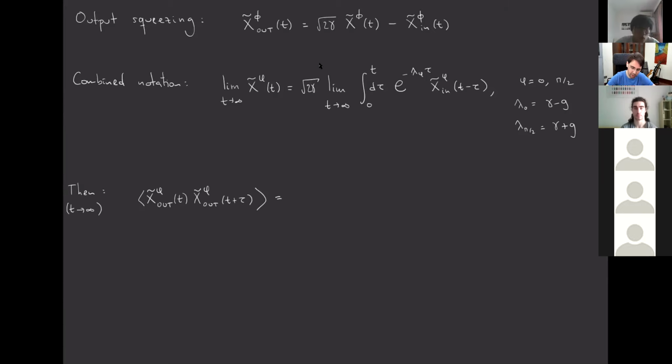And then now using this expression for the output in terms of the intracavity and the input one, we will get 4 terms in here. First, the terms that involve 2 intracavity ones. Then the term that involves 2 input ones.